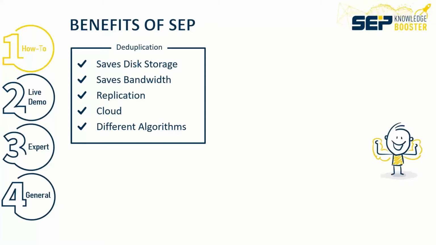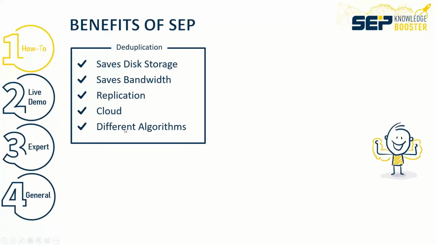That's possible by using deduplication. And this is very often used for cloud connections. If you put your data into the cloud, then of course you have to transfer the data over the network, and you very often have low bandwidth.